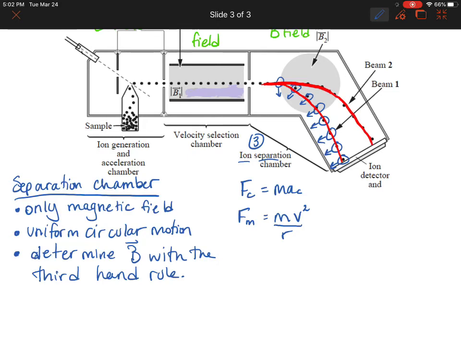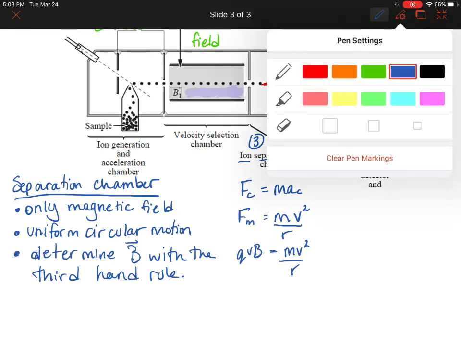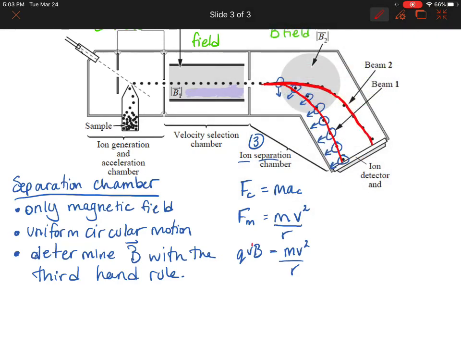So what's our magnetic force equal to always in this kind of situation when we just have a charged particle moving? It's QVB. That's equal to mv squared over r. So let's see what we can do, because again, what we want to find is the charge to mass ratio. We see that we have v here and v squared here, so those can cancel out, still leaving me with 1 v there.